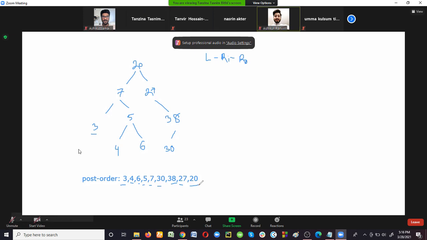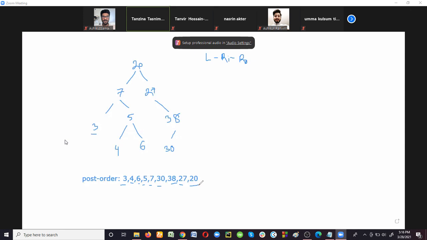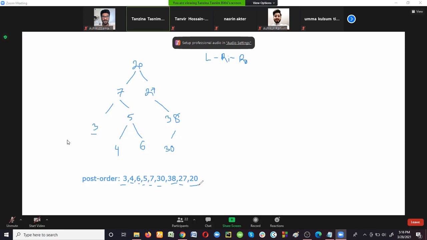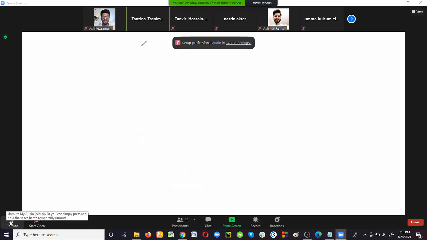Yes, ma'am. Okay. So that means we can easily traverse any tree in post order, pre order, in order traversal when the tree is given. But can we do the opposite thing? That is, the in order or post order traversal is given, and from those sequences we have to create the tree. Can we do it? So now the next topic is, suppose among those three traversals, two traversal sequences are given.